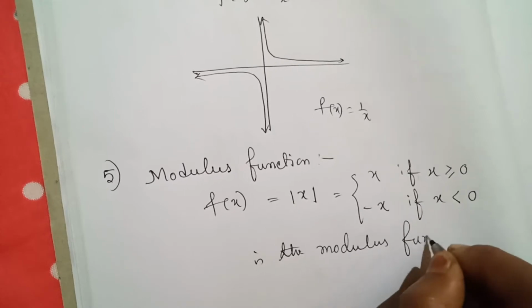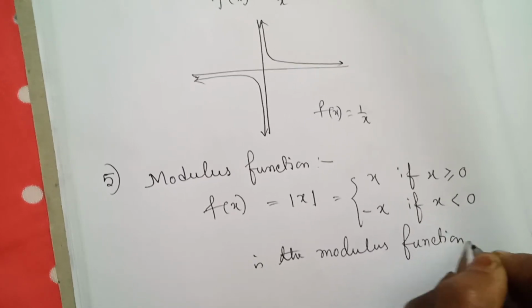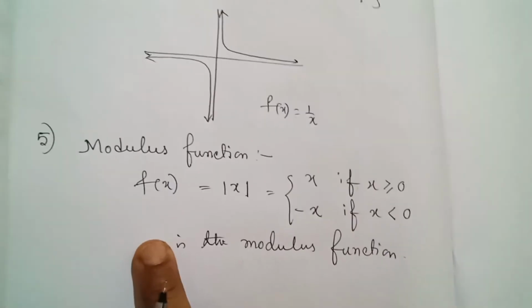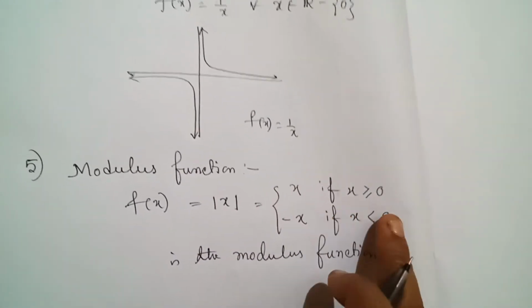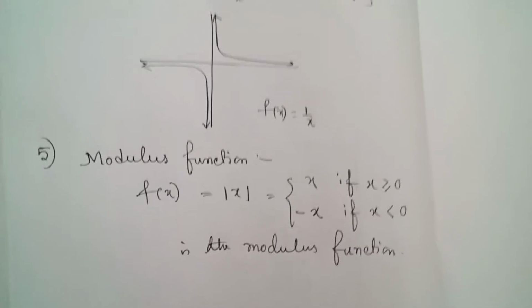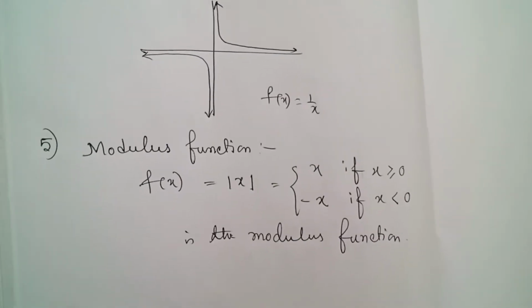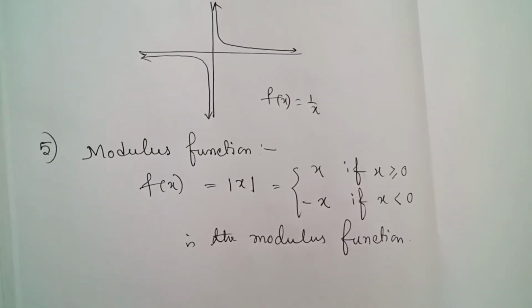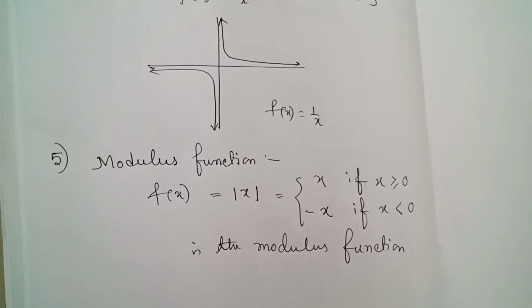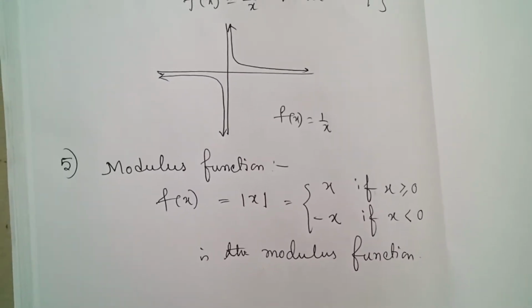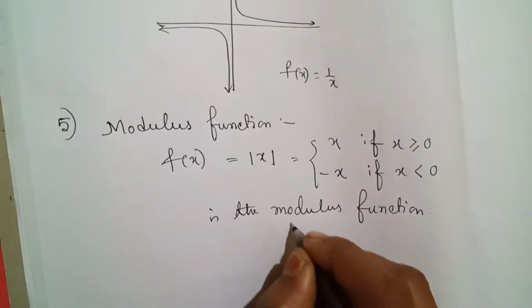So f(x) equals mod of x, equal to x if x is greater than or equal to 0 and minus x if x is less than 0. This is a modulus function. Sometimes we call it an absolute valued function.